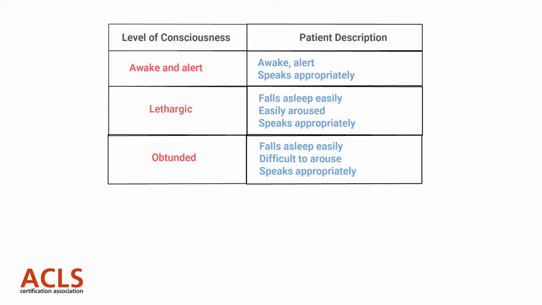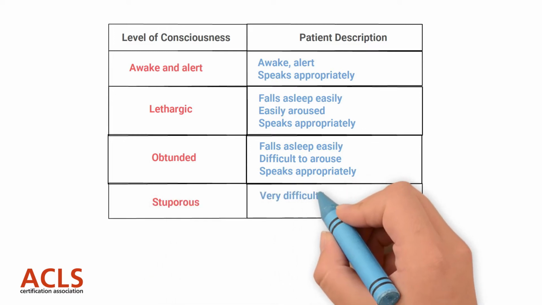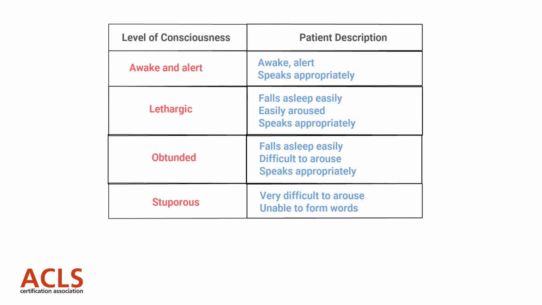Next is what we refer to as stuporous. This is the level of consciousness that is just barely above being comatose. So a stuporous patient is very difficult to arouse. If you are able to arouse them, you're going to get maybe some grunts and some groans, but they're not going to make any sense to you.